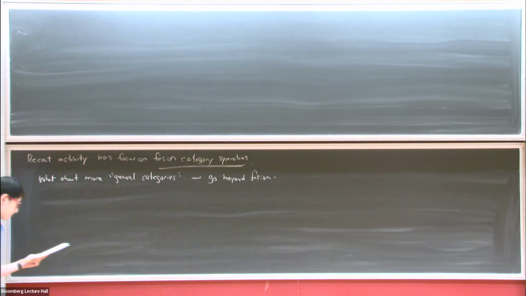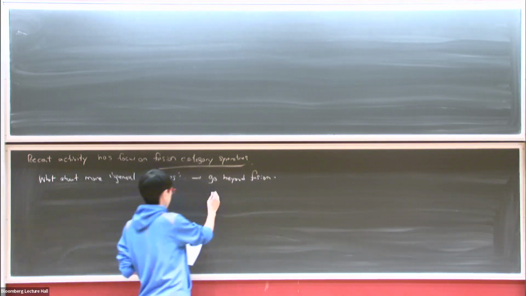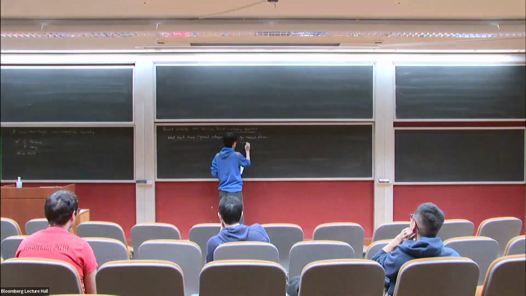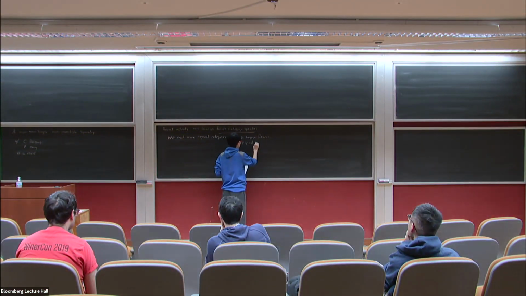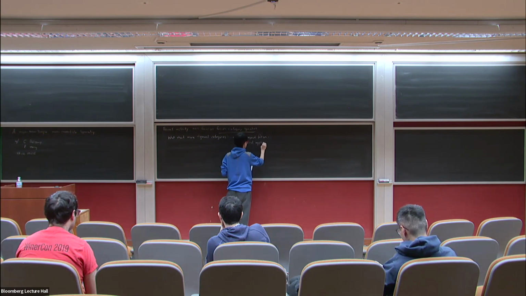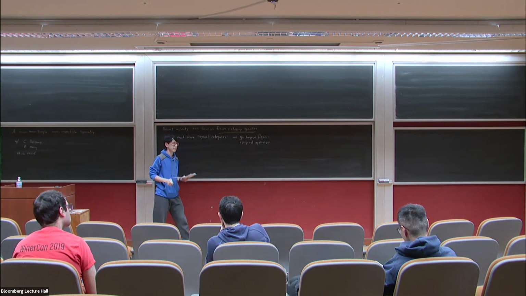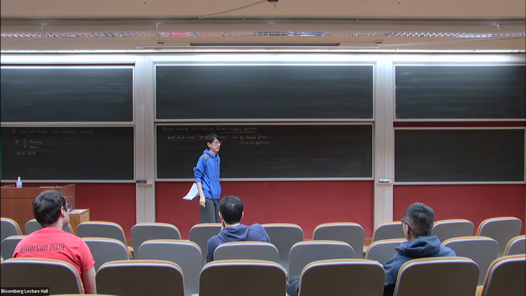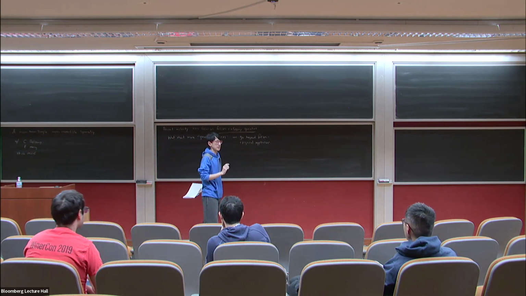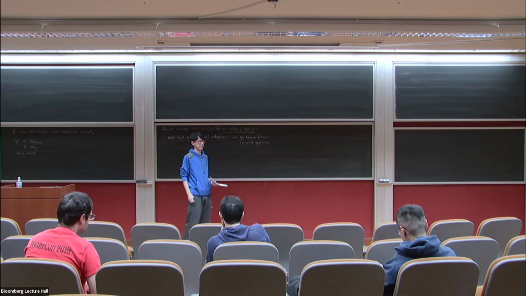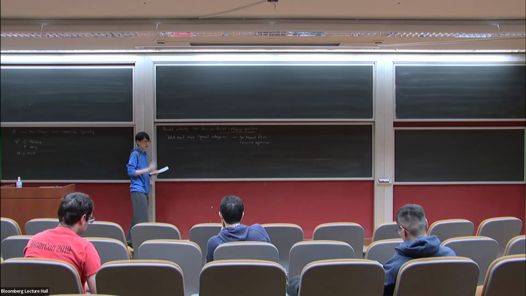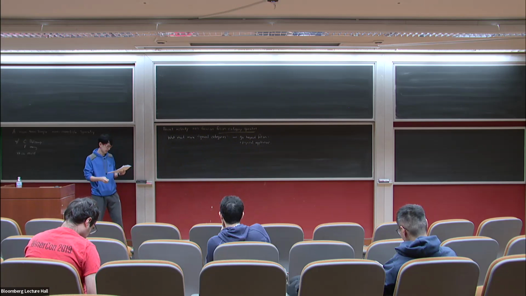And also, unpacking these categories, I also want to see what are the physical applications. So going beyond means that we hold fewer restrictions or more restrictions? I relax things. So I have more categories now. I'll tell you exactly those things today.